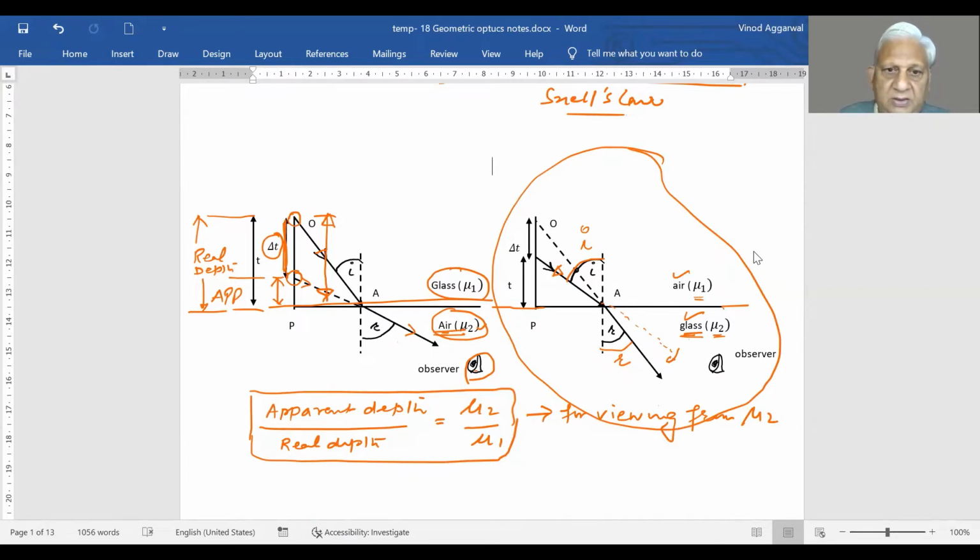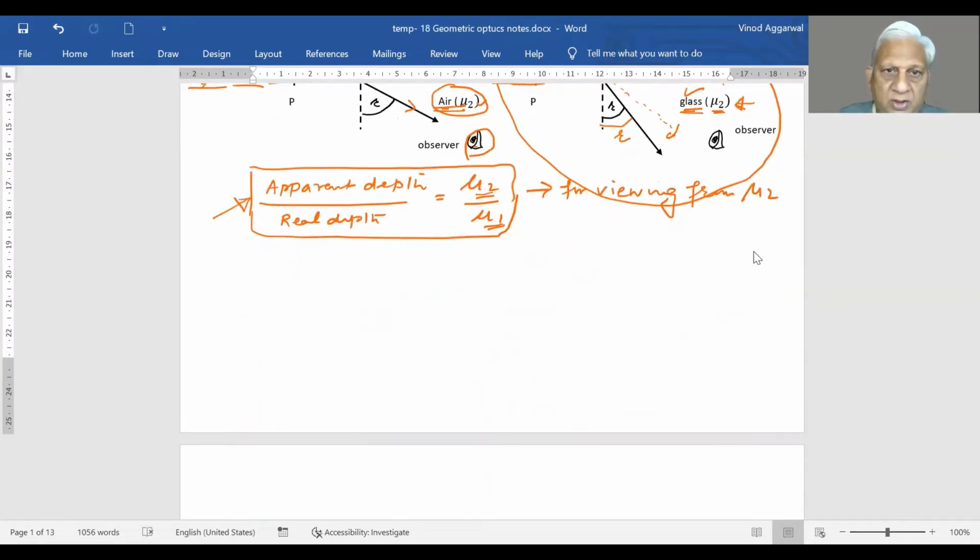Now in this case, the same formula will apply. Here μ2 will be for glass and μ1 will be for air, because in this case also we are viewing the object from μ2.